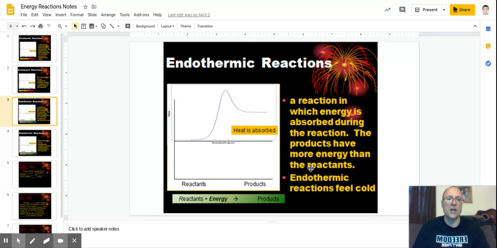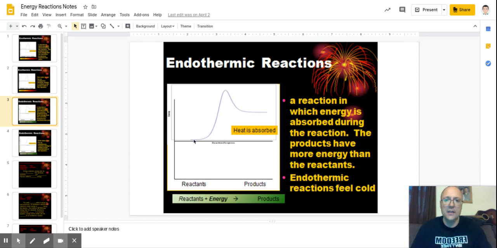The products will have more energy than the reactants. So when we look at this graph once again, this line is starting right here, and I put it here in the middle to indicate the amount of energy that those reactants are starting with. We don't have numbers associated with it because every reaction is different. The amounts of the reactants in each reaction are going to be different. But for each reaction, it's going to be a similar pattern.